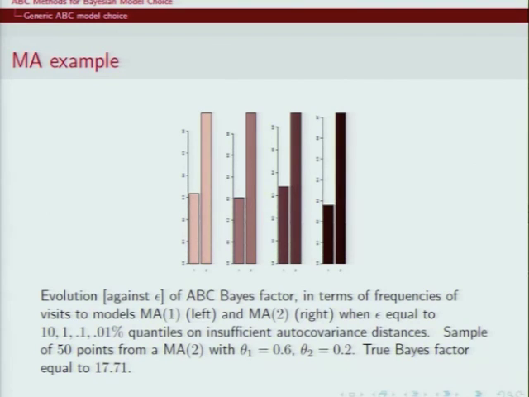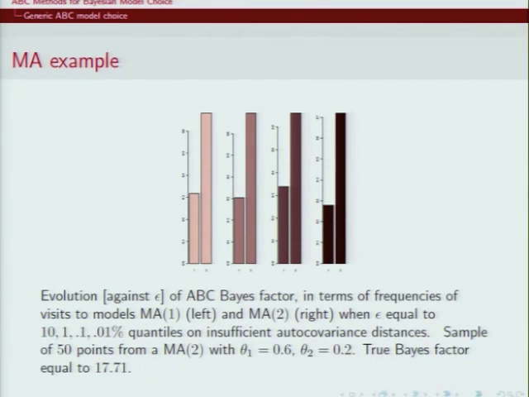So I ran a simulation with data that is from an MA2, moving average of order 2, trying to compare MA1 and MA2. And the four bar plots are using epsilon from 10% to 0.1% of the distances. You can see no variation across those epsilons.